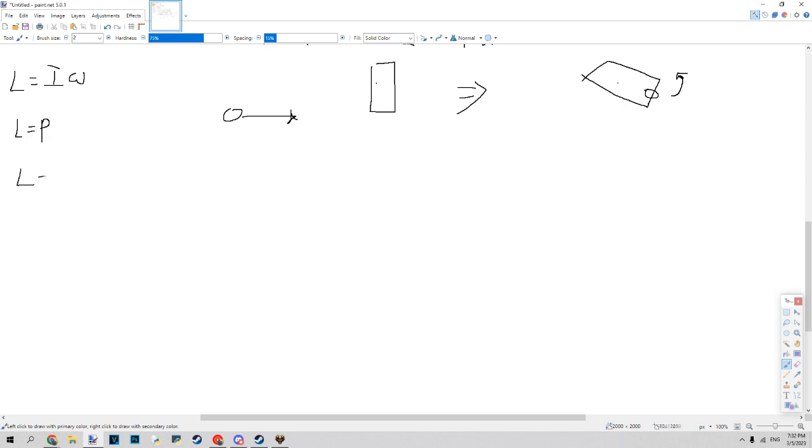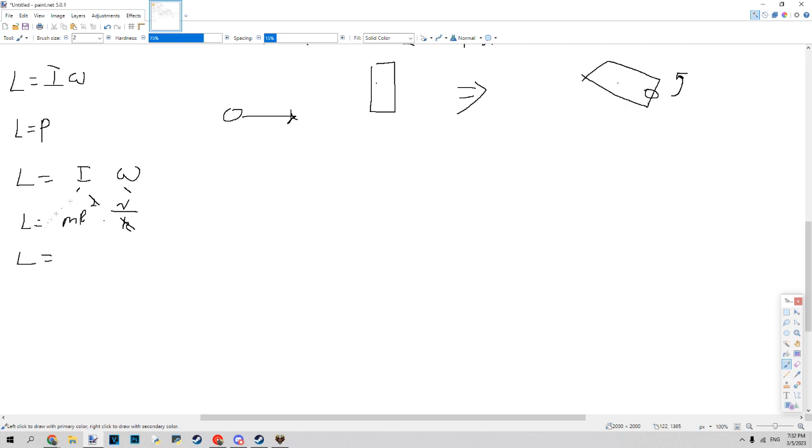So we can take our original equation, L equals IW, and we can split these up to what they really are. L equals mass times radius squared, split up into its linear counterparts, times V over R. And now we see that this radius cancels out this square part.